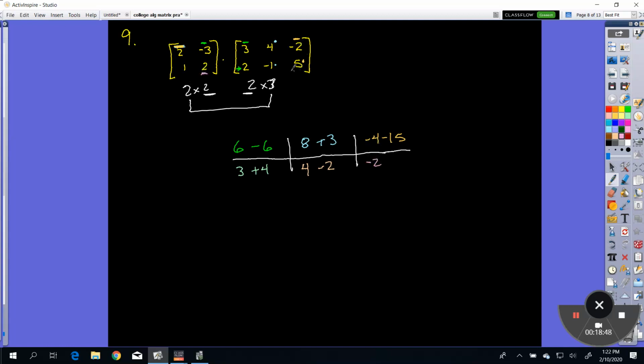And then 2 times 5 is 10. So now I combine those, I get 0, 11, negative 19, 7, 2, 8. I expect to see this for your work. No work, no credit on this problem. So make sure you show your work so you can get credit for it.